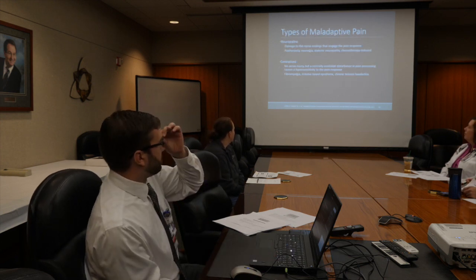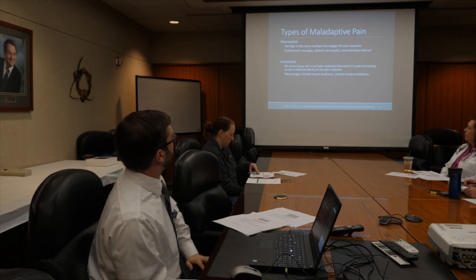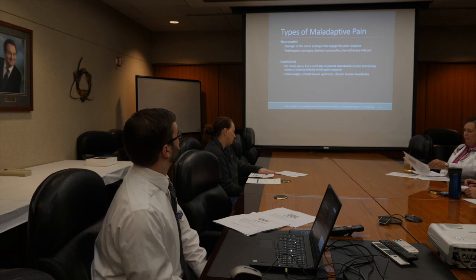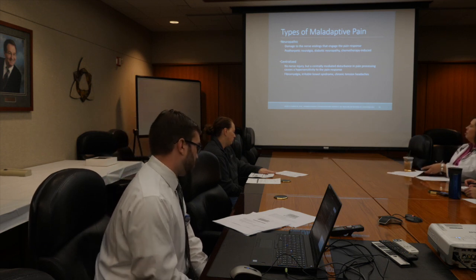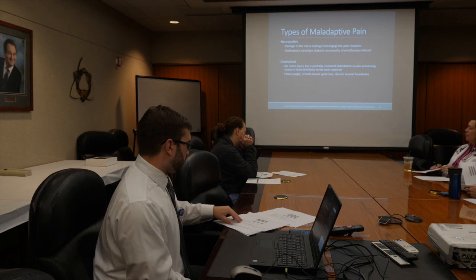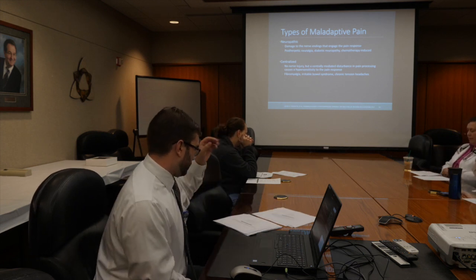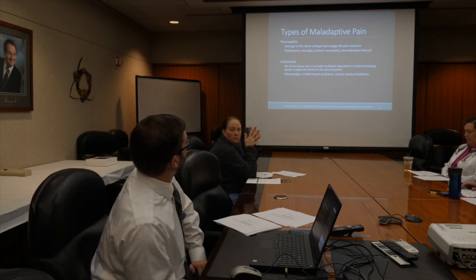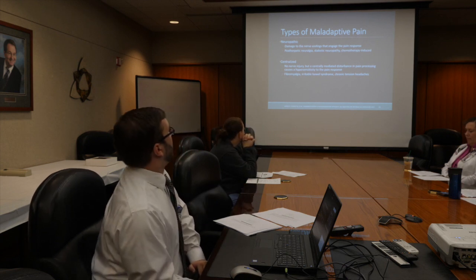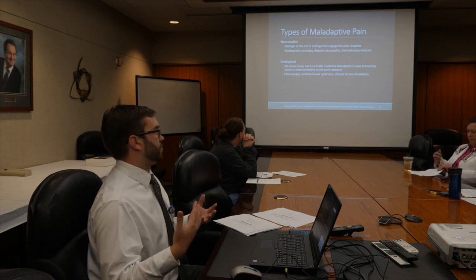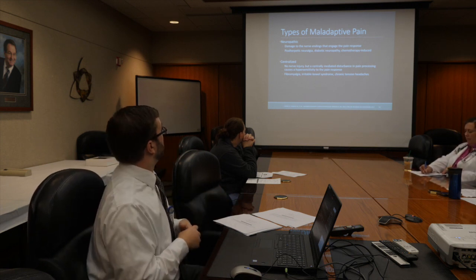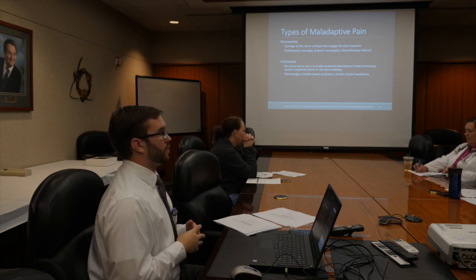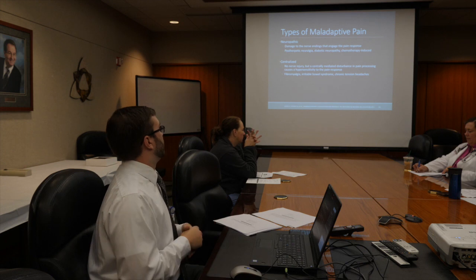Again, getting more into the types of maladaptive pain, the neuropathic is what I've mentioned already. This is really the diabetic neuropathy and the post-herpetic neuralgia. This is really the damage to the nerve endings that are more likely to shoot off those pain signals. And then as well as the centralized, where there's really no nerve injury, but sometimes those excitatory neurotransmitters like glutamate and substance P are just more in the system, so you get a lot more positive feedback from those, causing the pain.